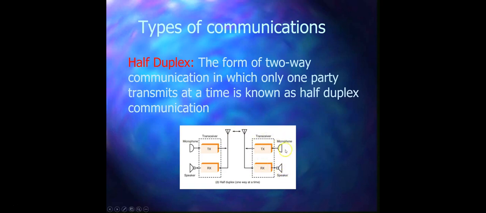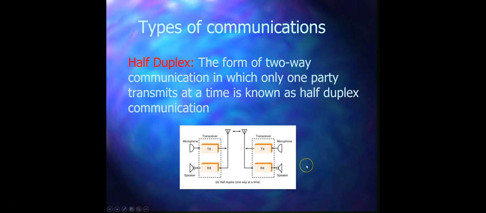Similarly, if you send information to this microphone, that information is sent over this, and through this receiver you can listen to it through this speaker. So in this figure, we understand that at one time only one piece of information is being sent.